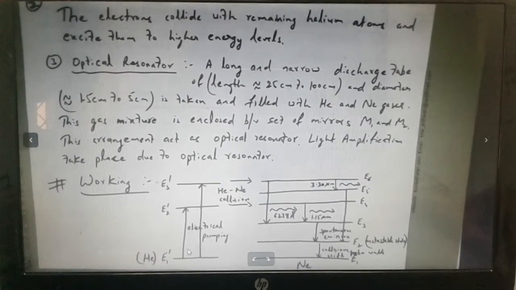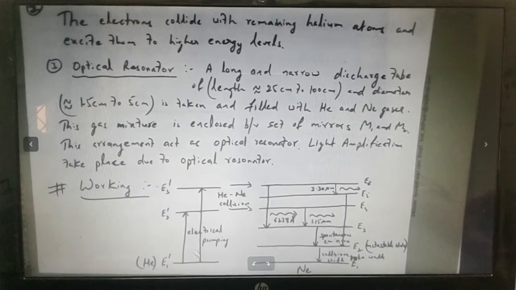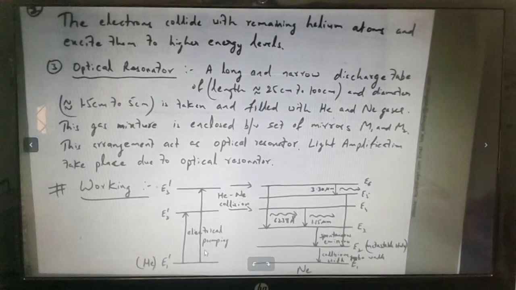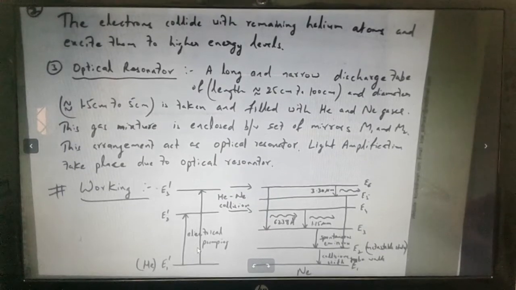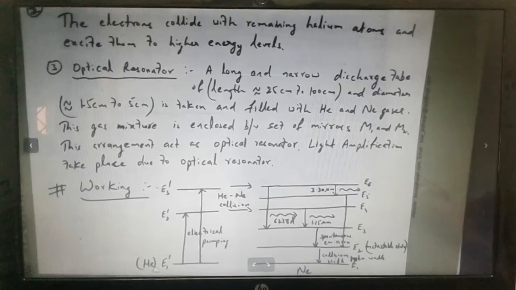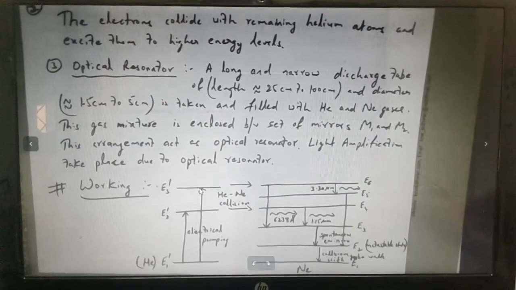What happens when we do electrical pumping? The electrons which accelerate inside the active medium collide with the helium atoms, and due to that helium atoms go to the excited states E2 dash and E3 dash.